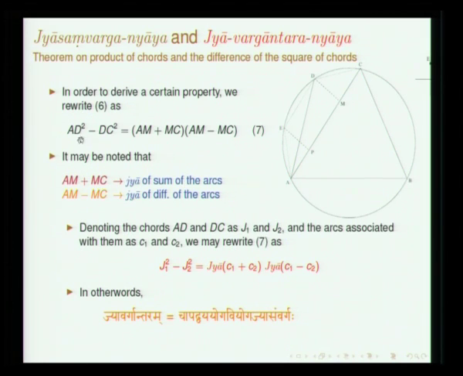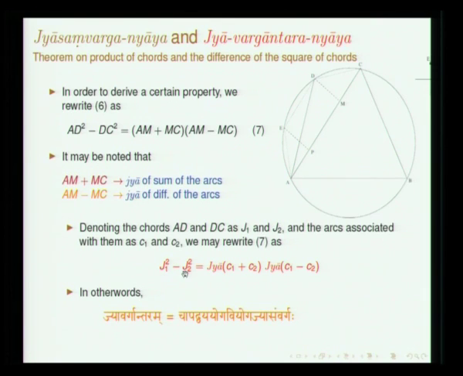This AD is the jya, so we use the notation J for that. AD square minus DC square is J1 square minus J2 square. This is a very important result which we will be using very frequently in a derivation we will be dealing with soon.